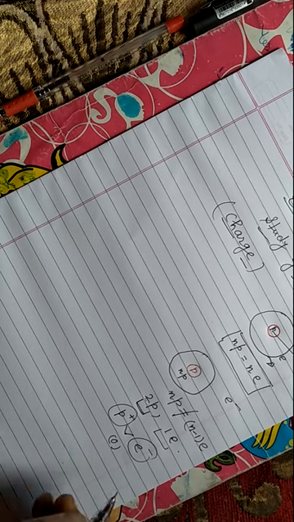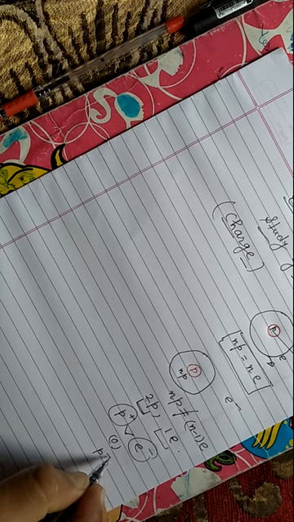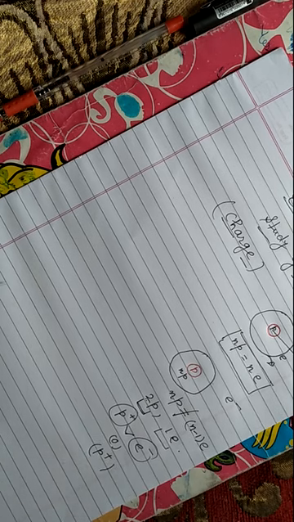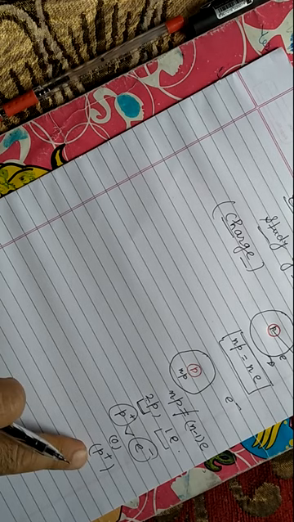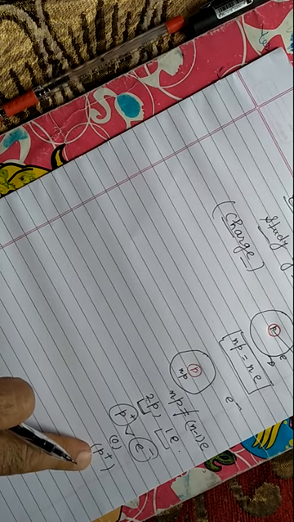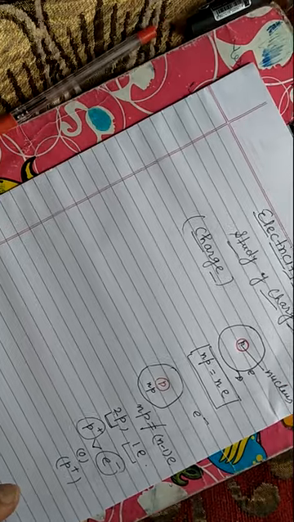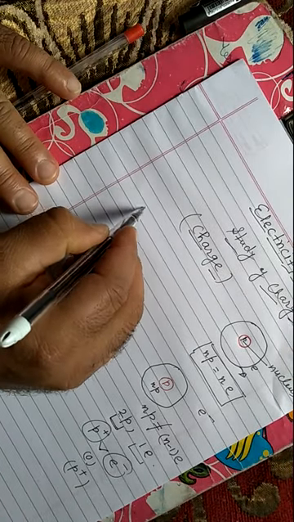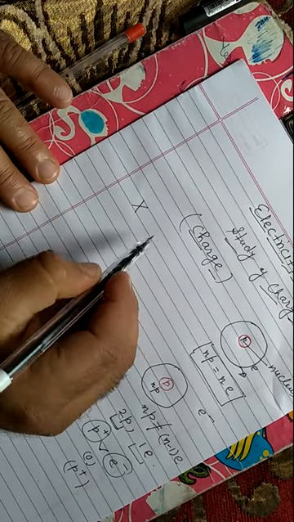So we can say that one protonic charge is left in the atom. Now we will try this in the language of chemistry. Like that, we have an atom X.